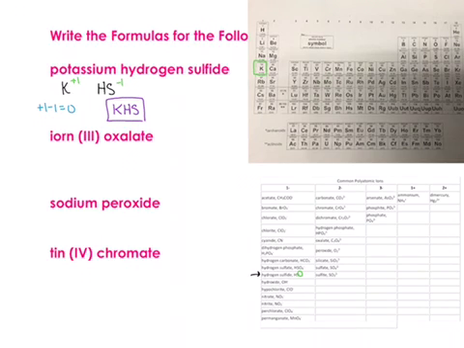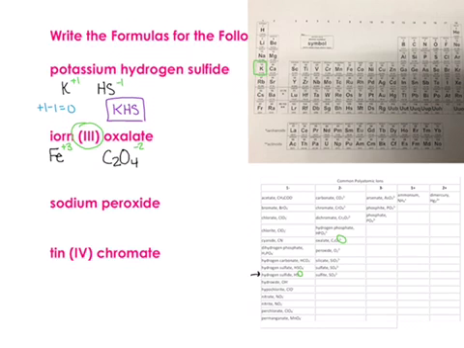So moving on to our next example, we have iron and oxalate. And oxalate from the table is C2O4. Our next step is to write the charges. This gives us iron's charge, will be a +3. Oxalate from the table is right here, a -2.